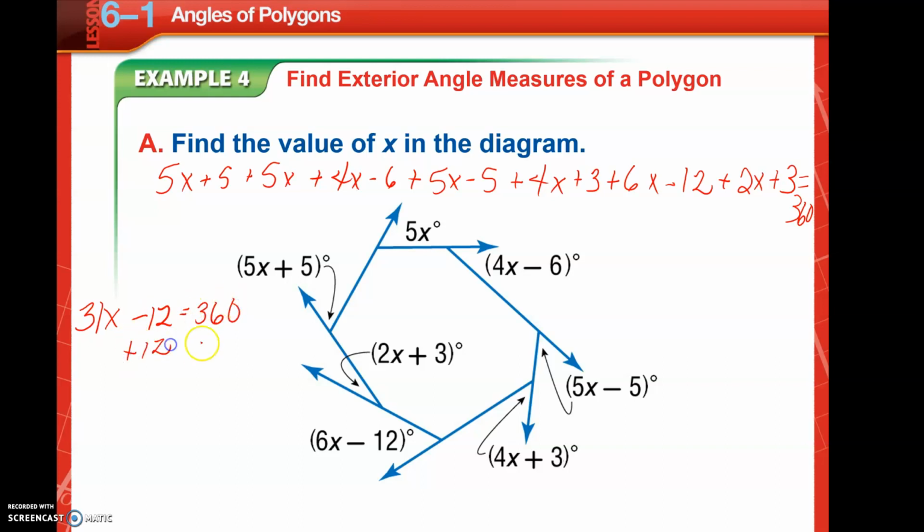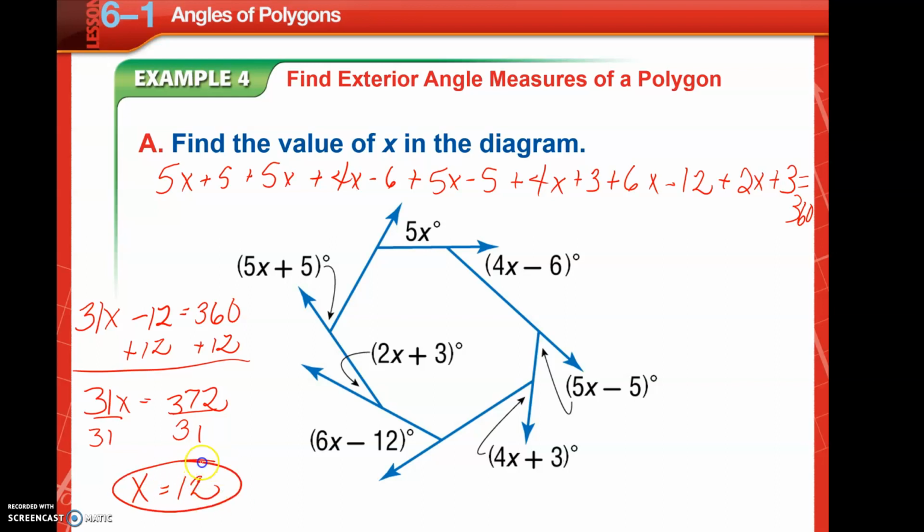Add 12 to both sides. 31x equals 372, and then divide by 31. X equals 12. So we can set up our equation with that 360.